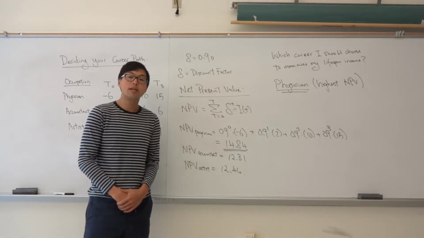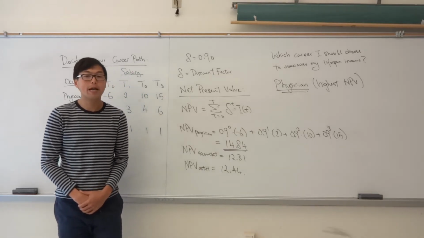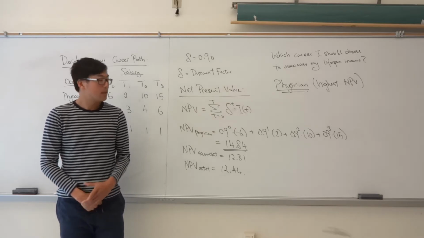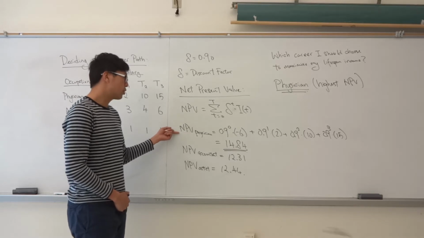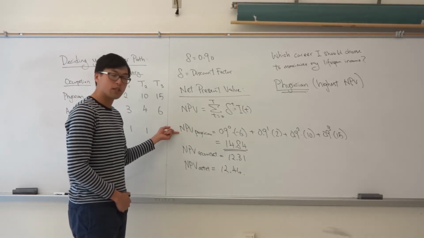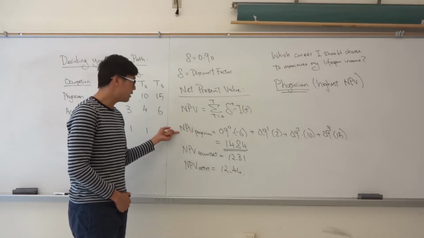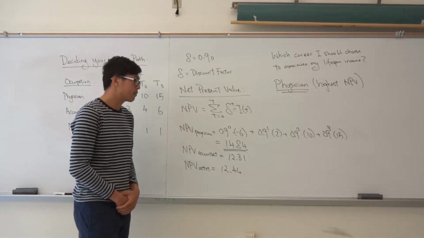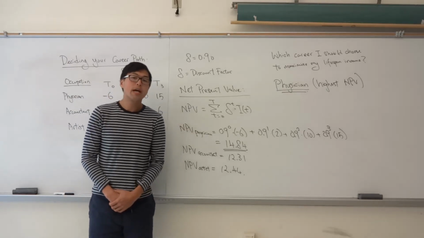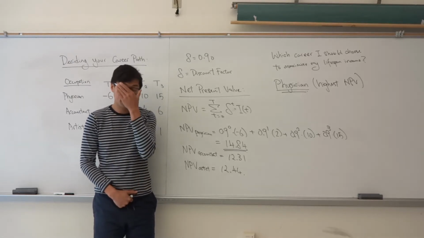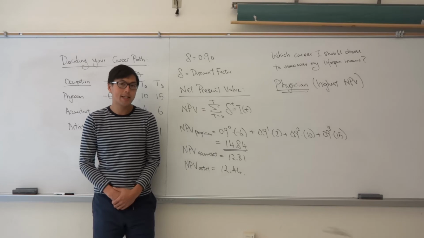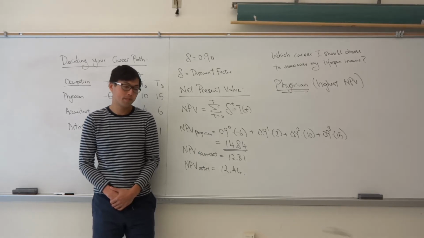Well, last thing I would like to talk about before I end this video today is, in this case, I will prefer to pick physicians to be my career path instead of being accountants. So in the book, we actually talk about the internal rates of returns, which is the special interest rate that yields the same level of income for two professions.